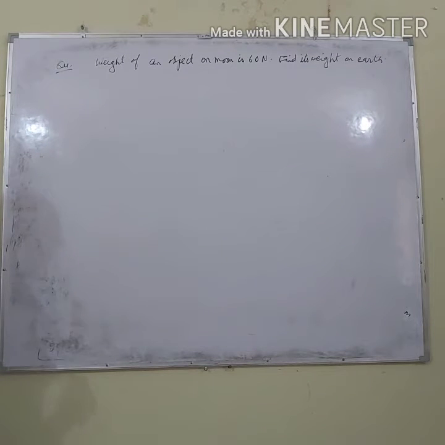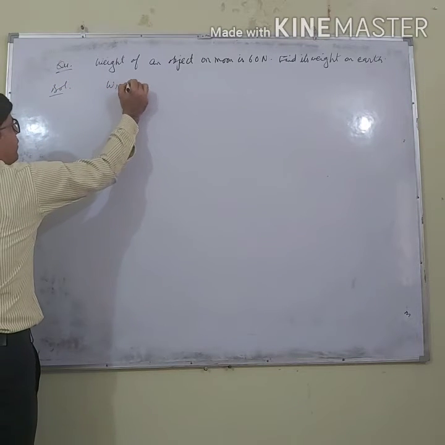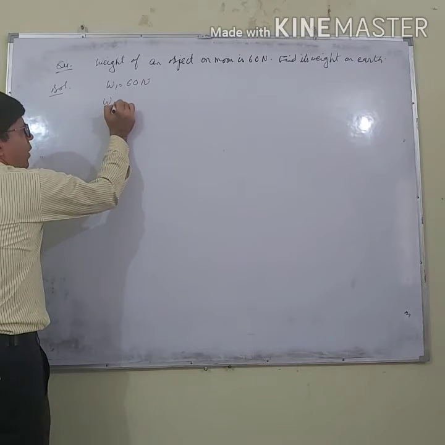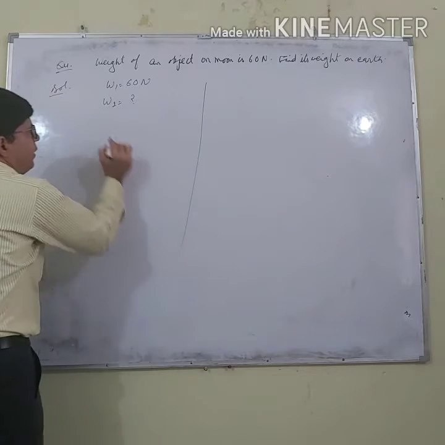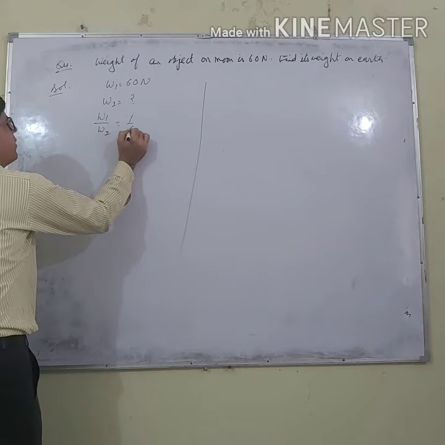You will say the question is simple, we can find the answer. Okay, you will be able to find the answer. W1 is here 60 Newton. W1 means the weight of an object on the moon. And W2 I have to calculate, and I know that W1 by W2 is 1/6.